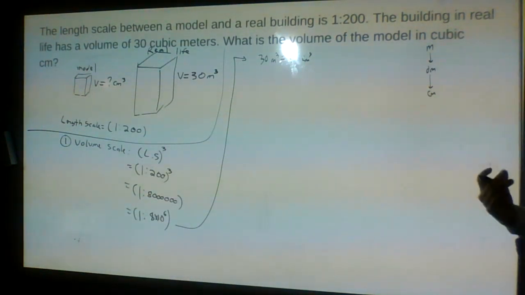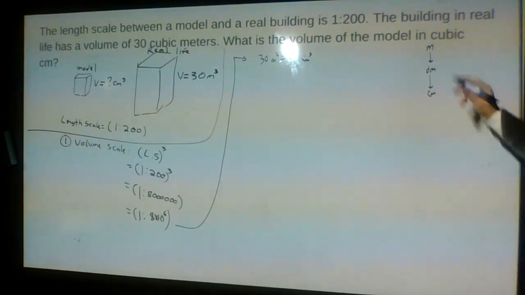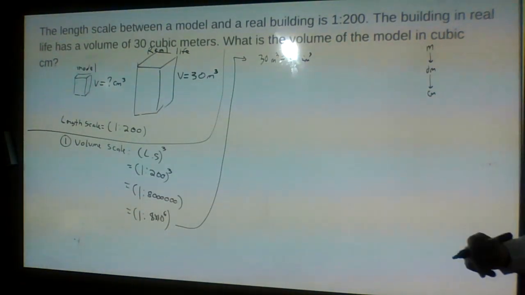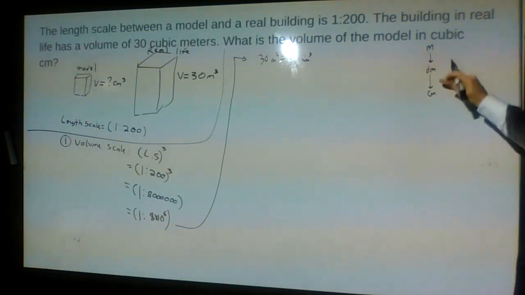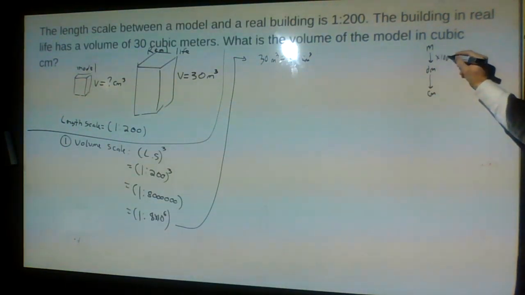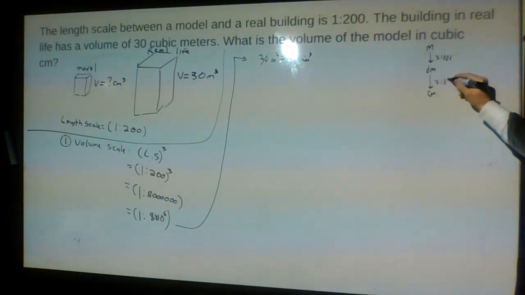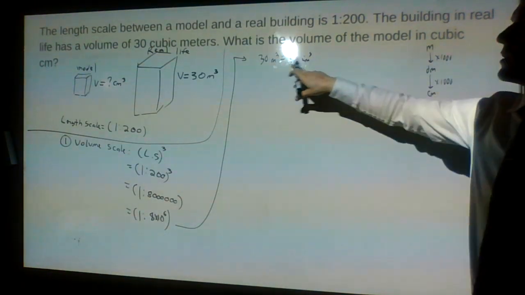When we're converting with volume, we're not going to multiply and divide by 10, we have to multiply and divide by 1,000. From meter to centimeter is 2 steps, so I'm going to multiply by 1,000 once and by 1,000 twice because I'm converting with volume.